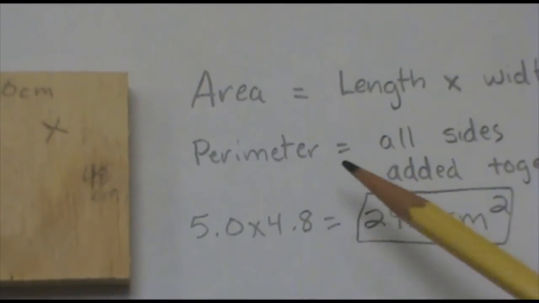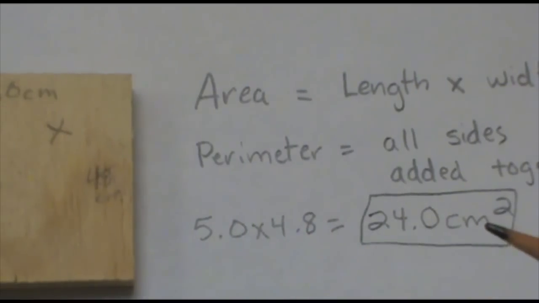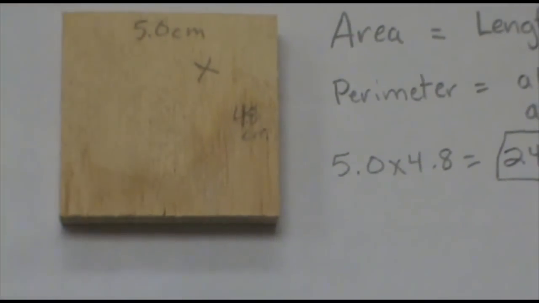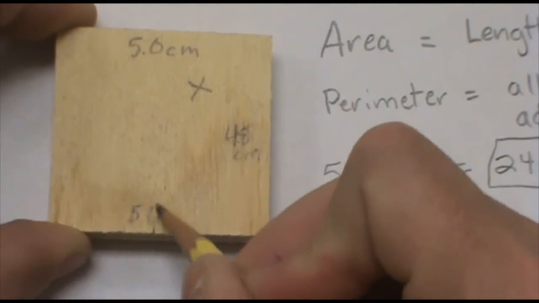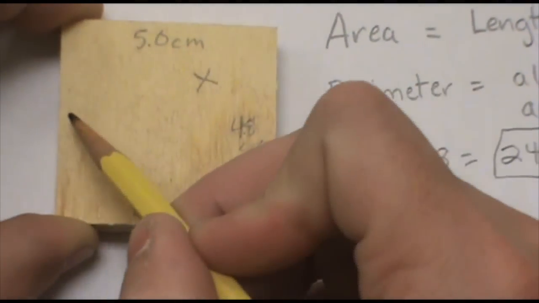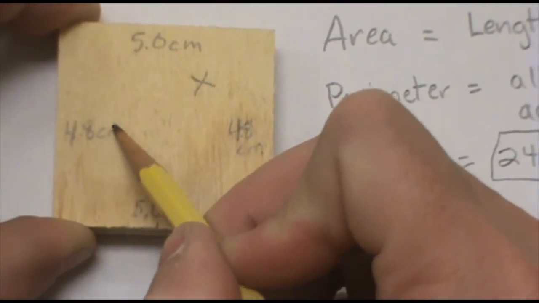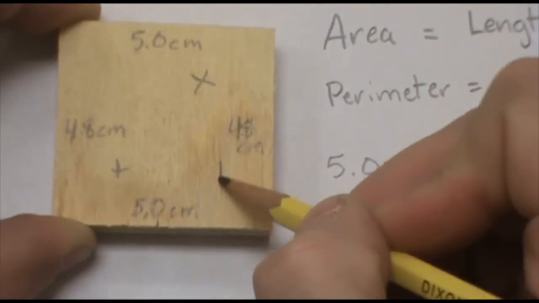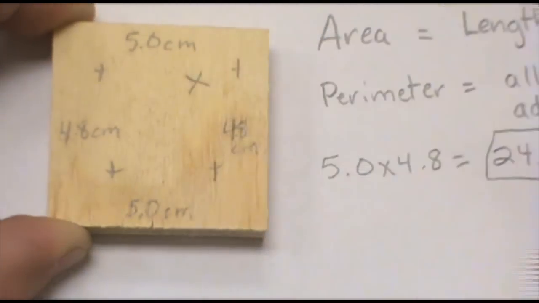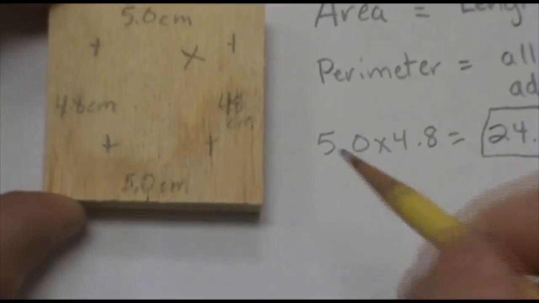In determining perimeter, we need to get the length of the other two sides. We can assume that a square has opposite sides equal, so that would be 5.0 and 4.8. And when we add all of these sides together, we'll get the total perimeter.